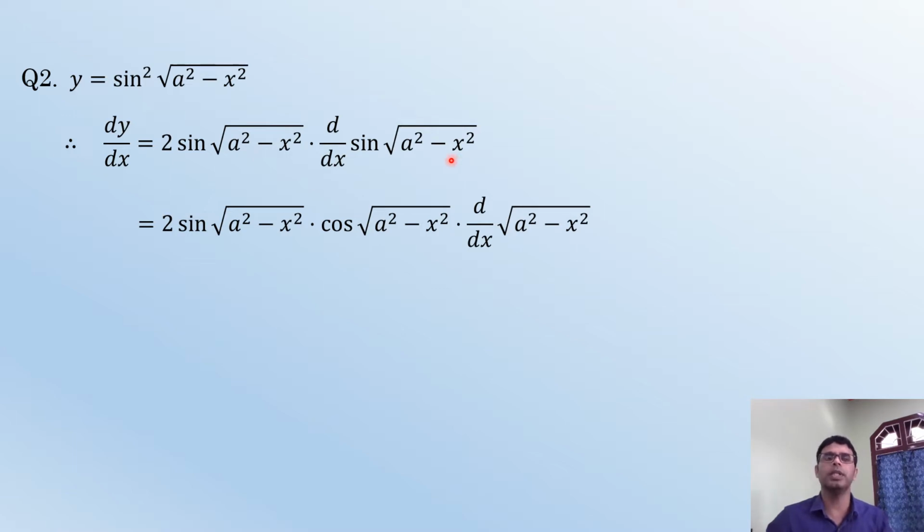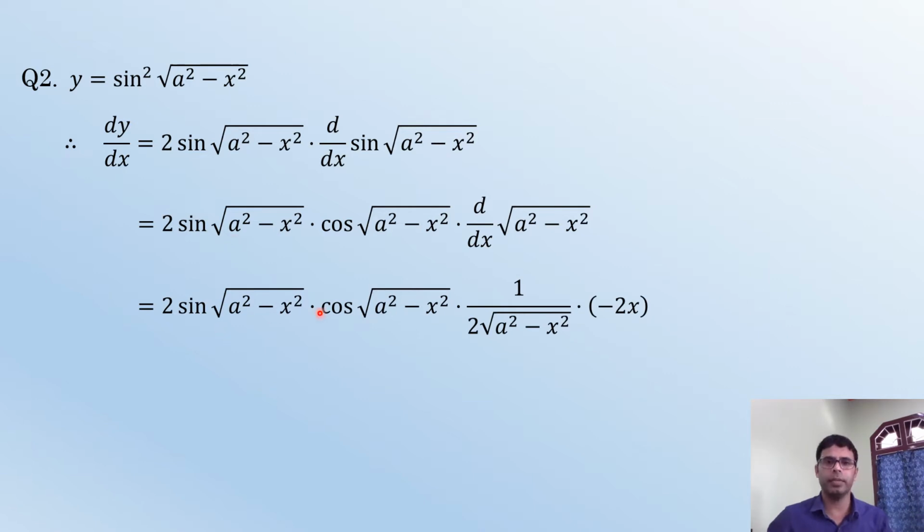Now the outer function is sine x. So d/dx of the sine function is cos, this term is considered as x, so cos of x into d/dx of, but this is actually not x, therefore d/dx of this term, root over a square minus x square. Then the next line will be, this is remaining the same, this is remaining the same. Now d/dx of a root over function. What is the term inside does not matter first. First you have to find the derivative of the root over function.